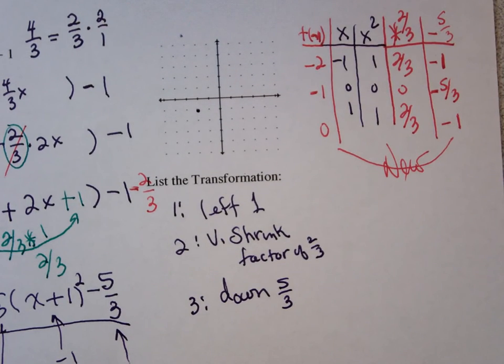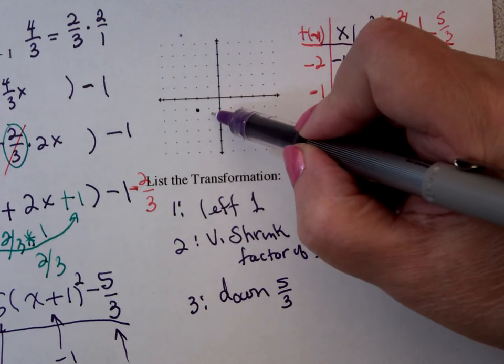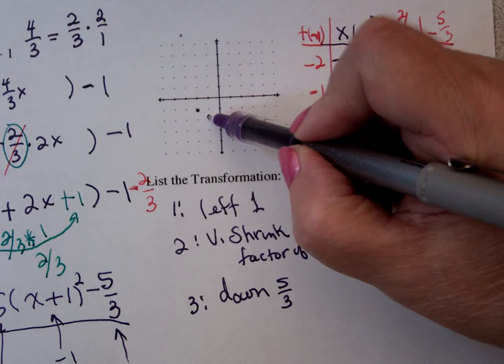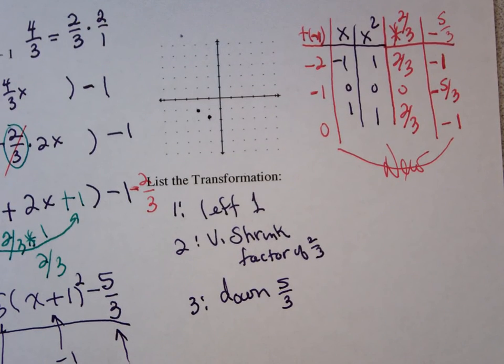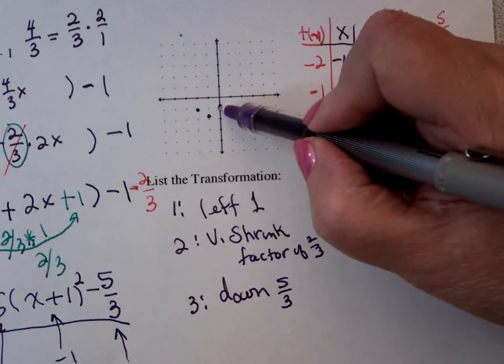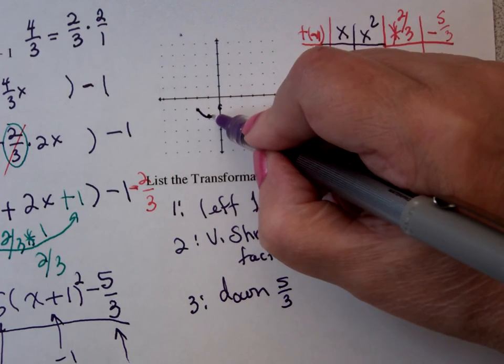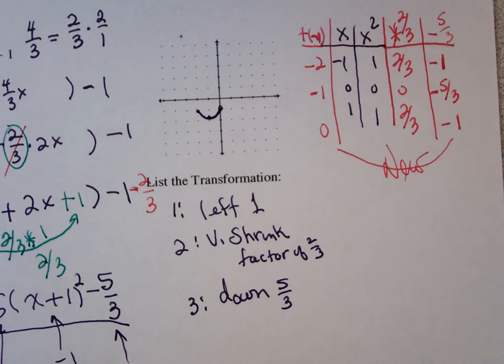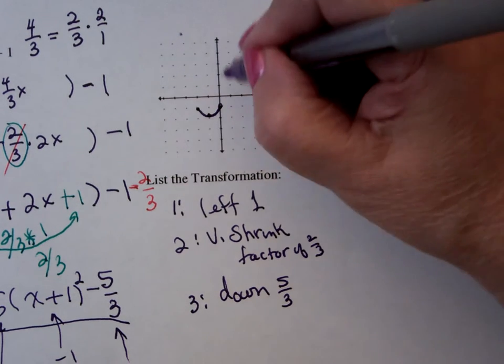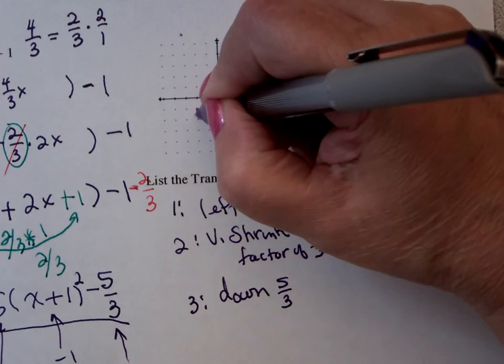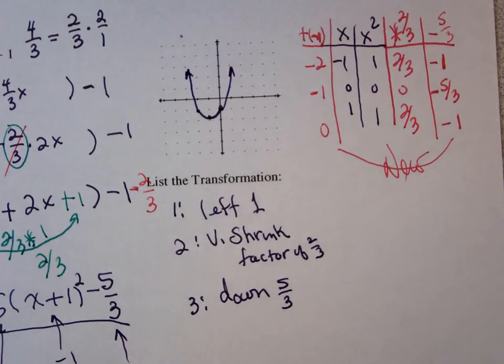Negative 1, negative 1 and 2/3. Zero, negative 1. I've got a very small bowl. Now, if I wanted something better, I need to put in a couple more coordinate points. But that's good enough for us. And there it is.